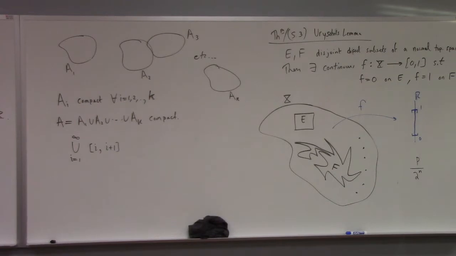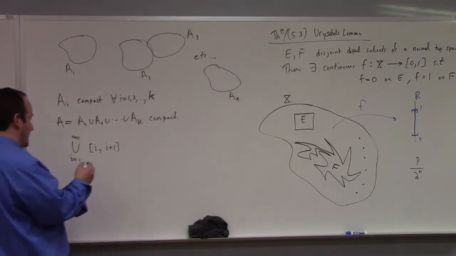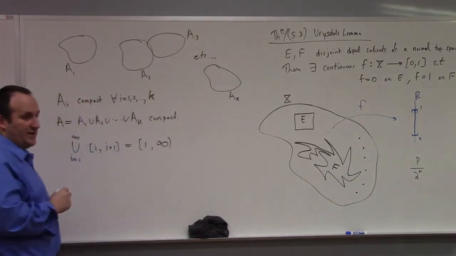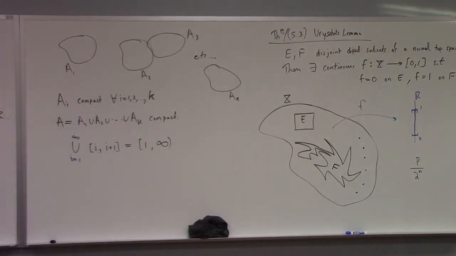Certainly everything I'm unioning is compact, because I know that closed and bounded implies compact in the metric sense. And yet that union is straight up [1, infinity), which is not bounded and therefore is not compact, going back to the metric stuff, which is still legit here, in the metric context.